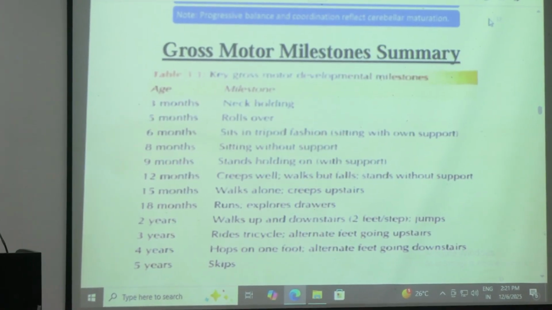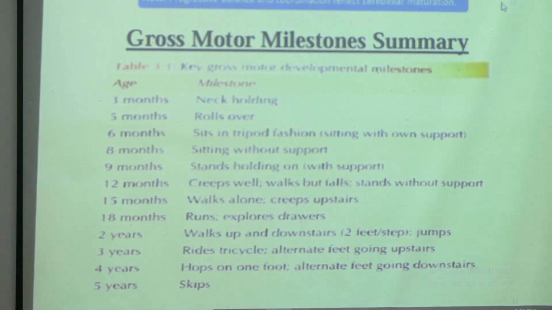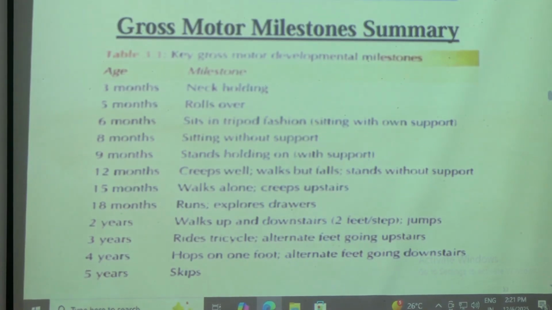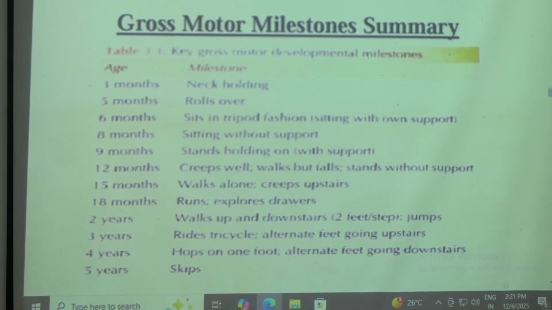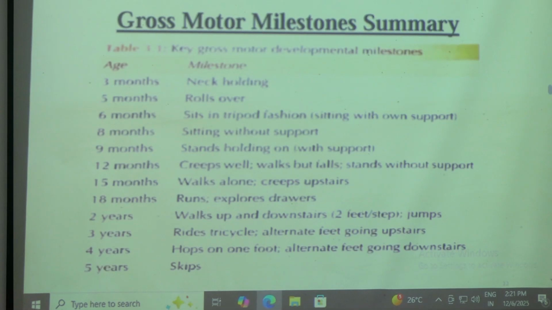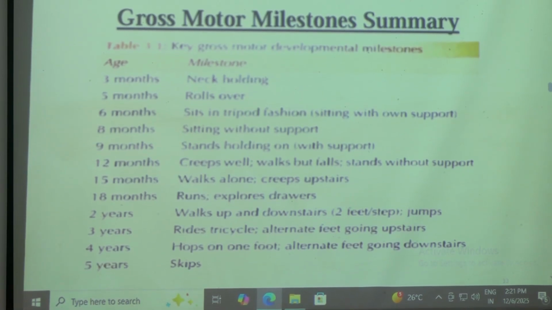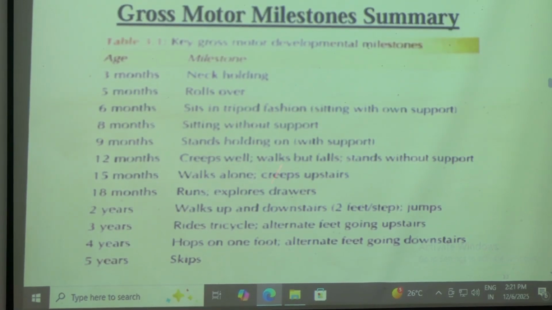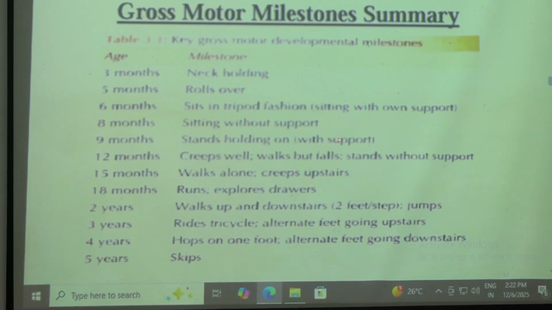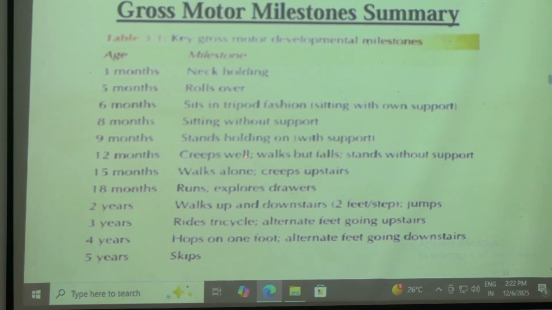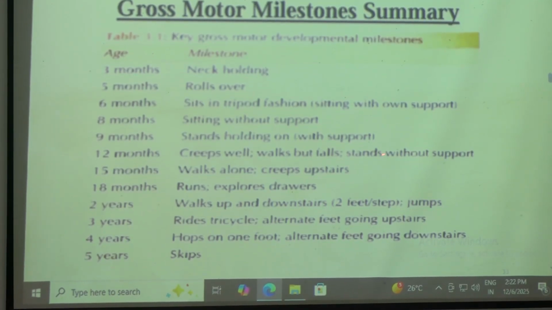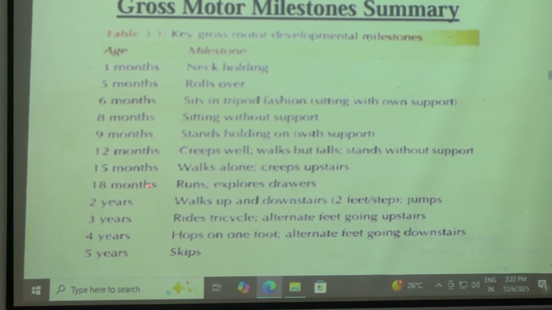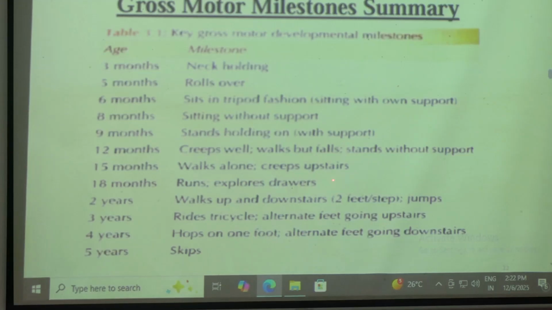This you should remember always. 5 months, rollover: you will roll from supine to side, ultimately from supine to abdomen. 6 months, sit in tripod fashion. 8 months, sitting without support. 9 months, stand holding one support. 12 months, creeps well, walks but falls, stands without support. 15 months, walks alone, creeps upstairs. 18 months, runs, explores drawers.